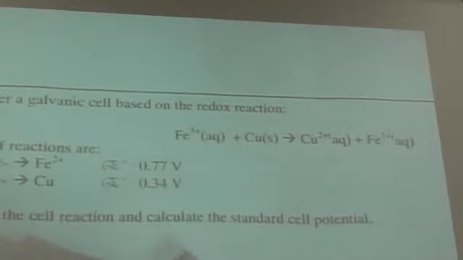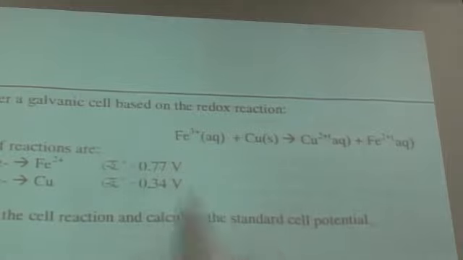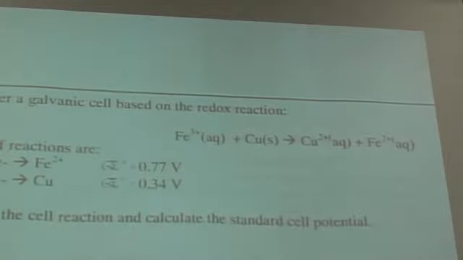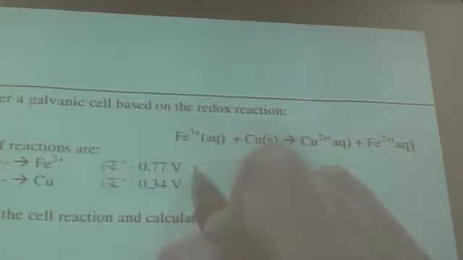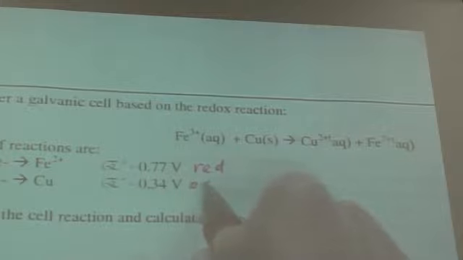Here are the half reactions that I just copied off of your standard reduction potential. Based on these, which one of these will be reduced and which one will be oxidized? Iron. Iron will be reduced, and the copper will be oxidized.